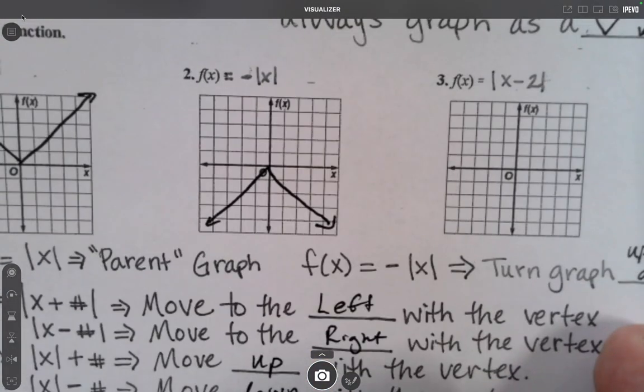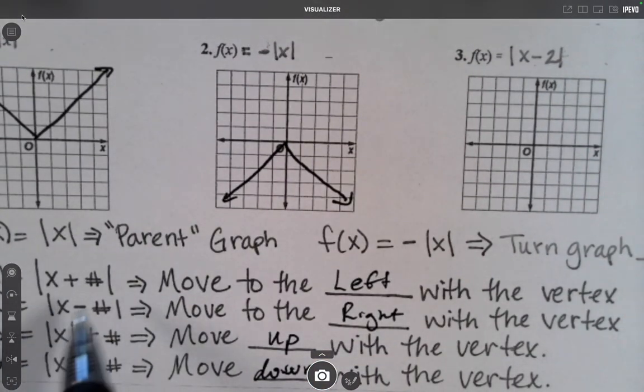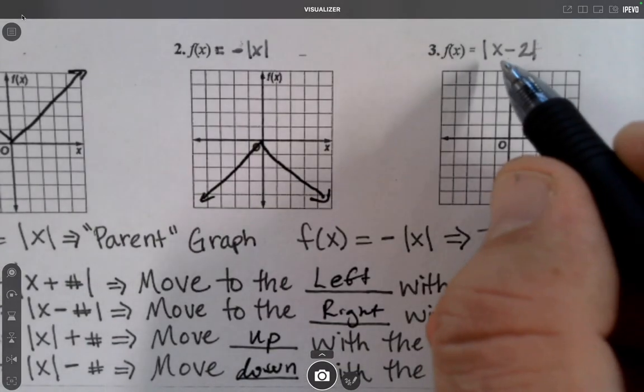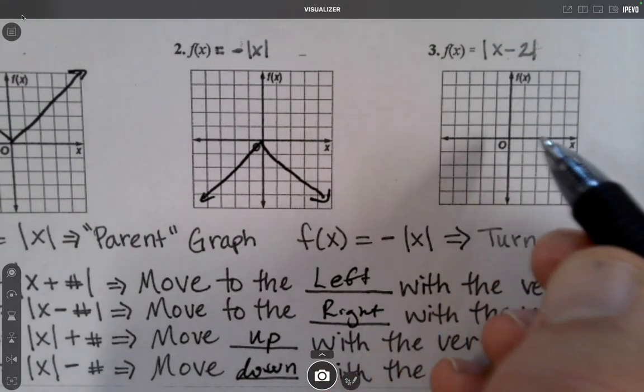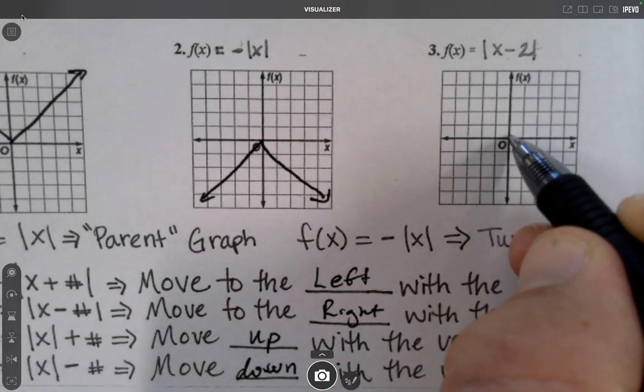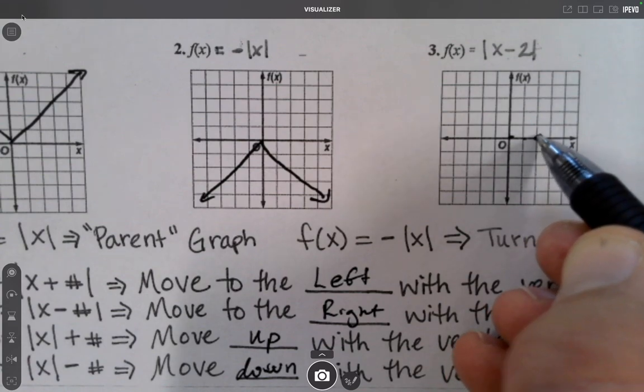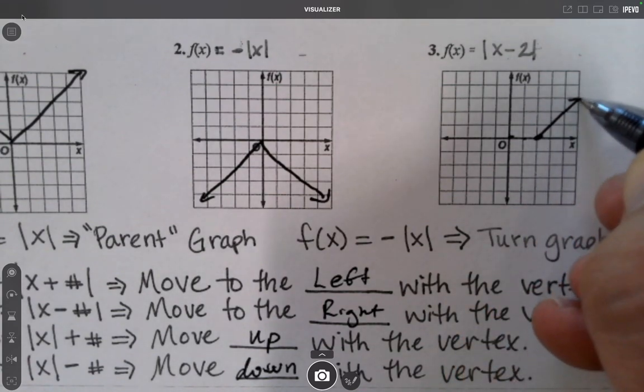So as you look at number 3, we're imitating this one right here, x minus a number. I know you might know that as a hashtag, but it's also the symbol that before hashtags were a thing, the symbol that meant number. So this is x minus 2. So minus means we move to the right. So while the vertex is normally the origin, we've got to move to the right 2 units and draw the vertex there.